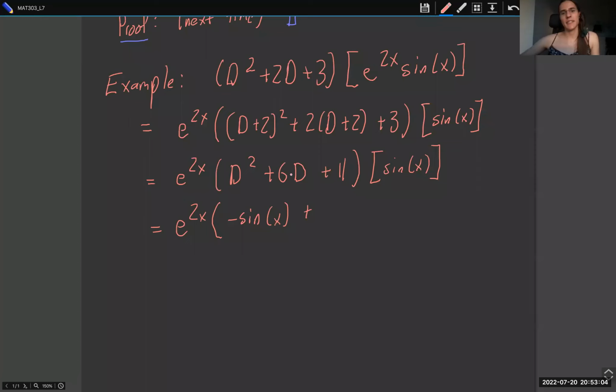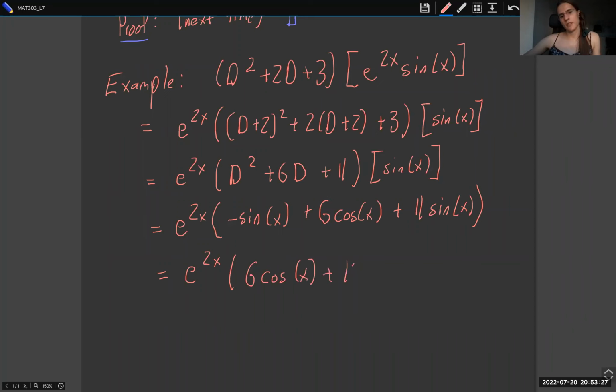Here we get plus 6 cosine. Plus 11 sine. And okay, so we can rearrange this to e to the 2x, and then we'd get 6 cosine x plus 10 sine x.